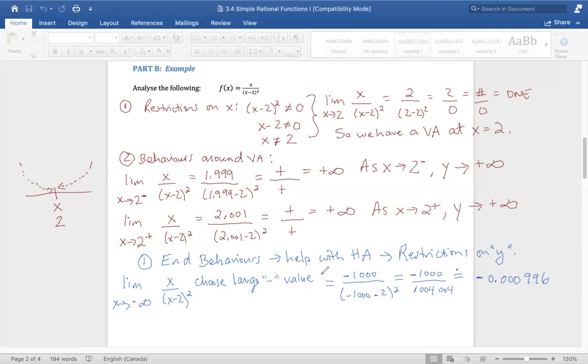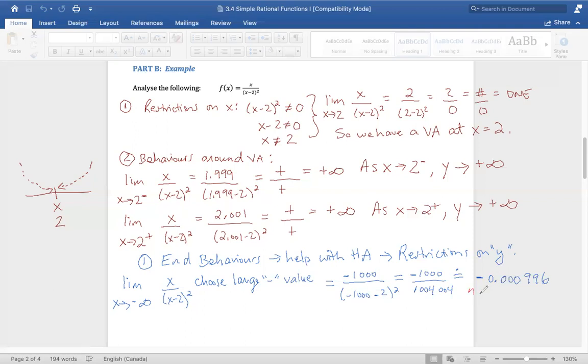So what this is saying is, let's go back to the beginning. As x keeps getting closer and closer to negative infinity, my y value, my answer here, is going to be very, very close to 0, but negative, coming from below. So let's write this out in a different color.